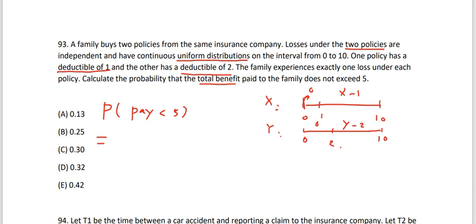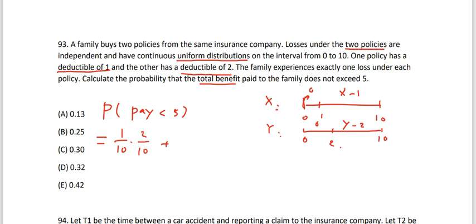The probability for this part is 1 over 10 times 2 over 10, with x less than 1 and y less than 2, no payment.